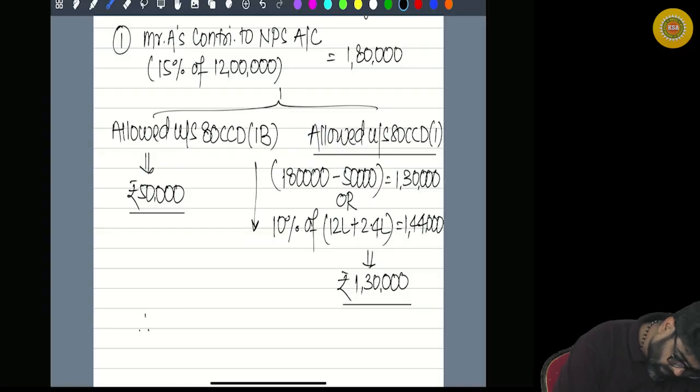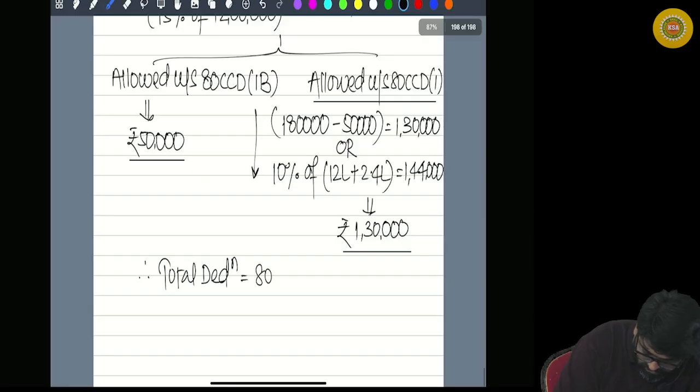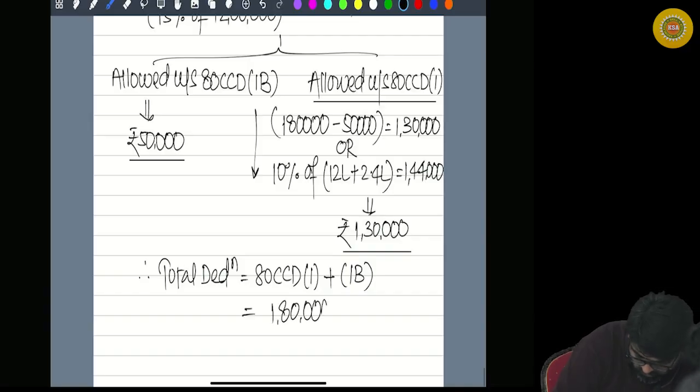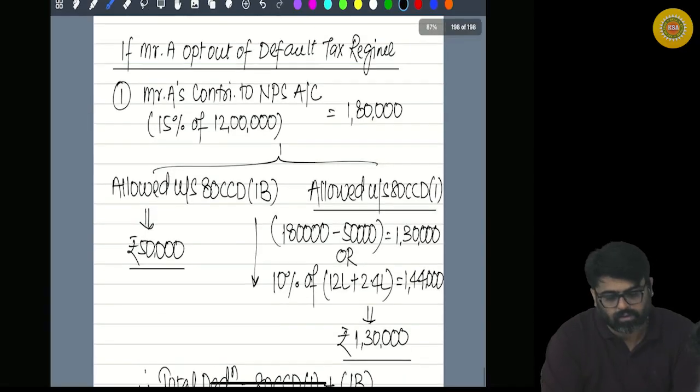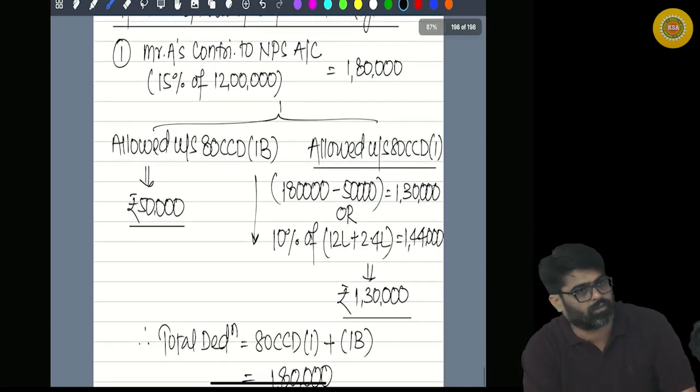Therefore, total deduction, that is 80CCD1 plus 1B, is equal to 1,80,000. Now a small note you are supposed to write below this.